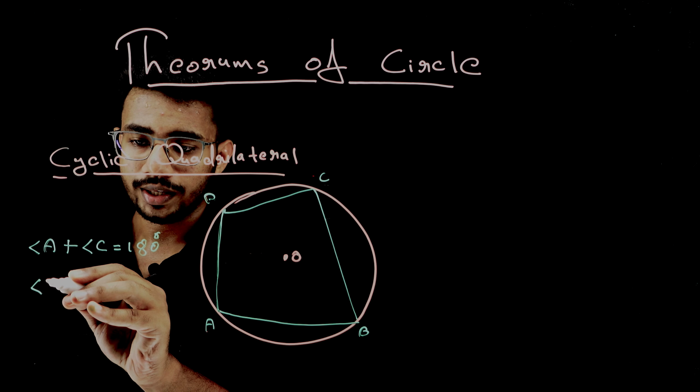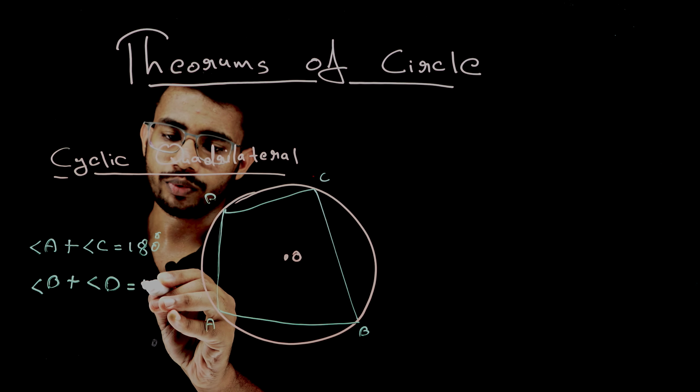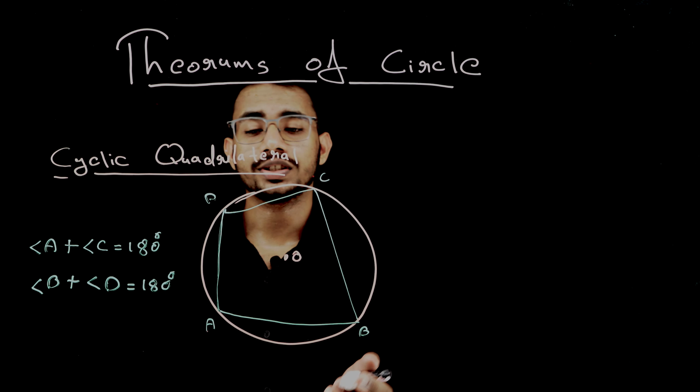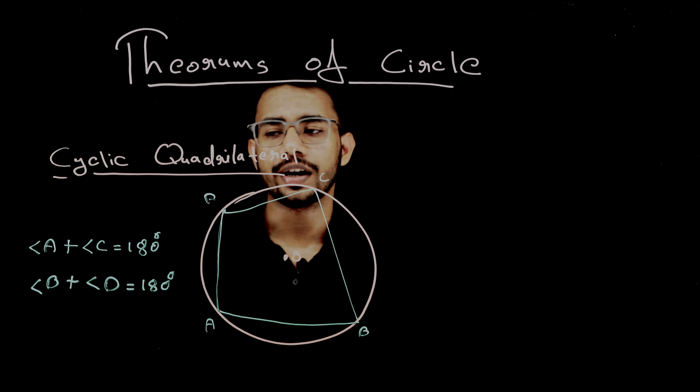So angle B plus angle D is going to be 180 degree as well. So that is my first rule. The opposite angles of a cyclic quadrilateral will be supplementary or will be 180 degree.